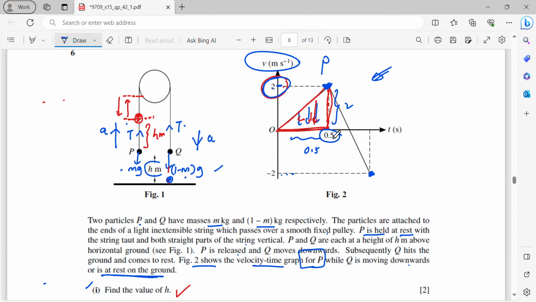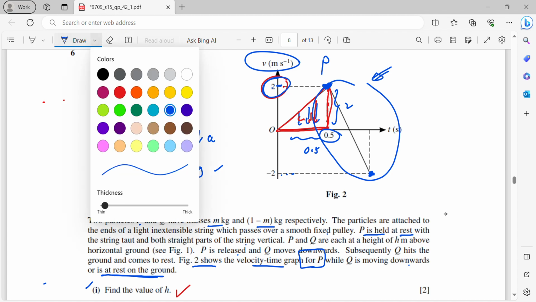So now from here I need to find how much time it takes to reach -2, because going up is positive, going down will be negative. Going from 2 to -2 for the V means it goes up and goes down, which is the red color.